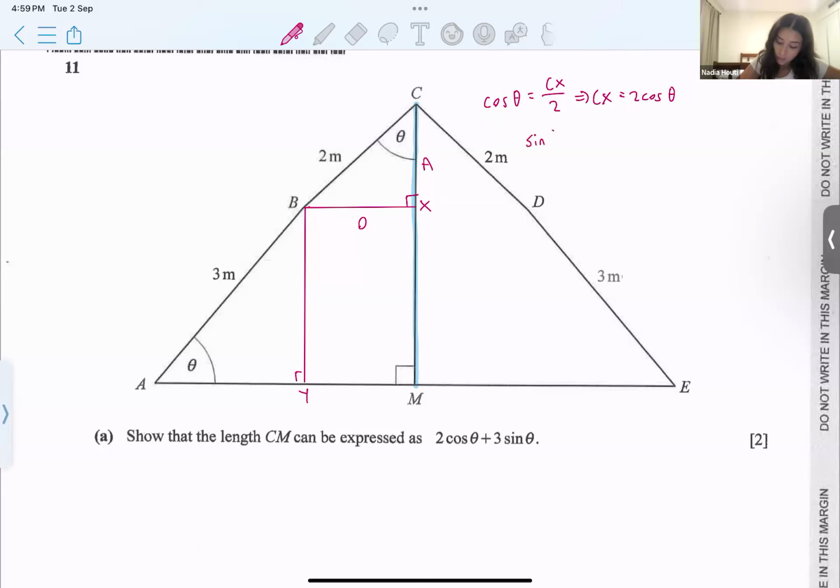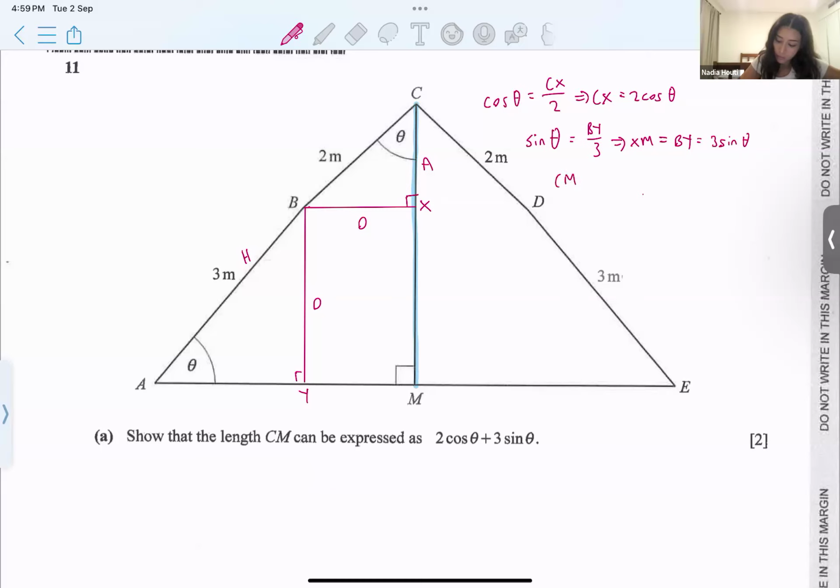Sine theta in the triangle BAY is equal to the opposite over the hypotenuse, so BY over 3. Which means BY, or rather XM, is equal to BY, which is equal to 3 sine theta.